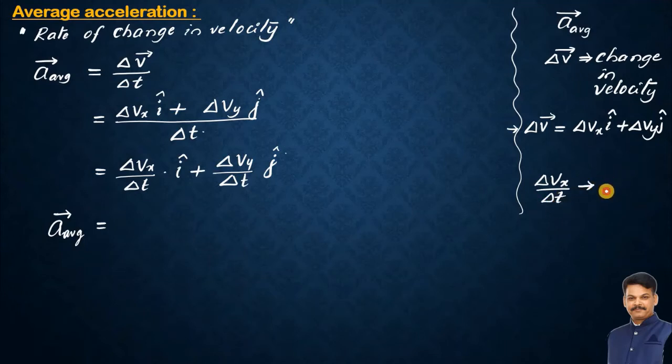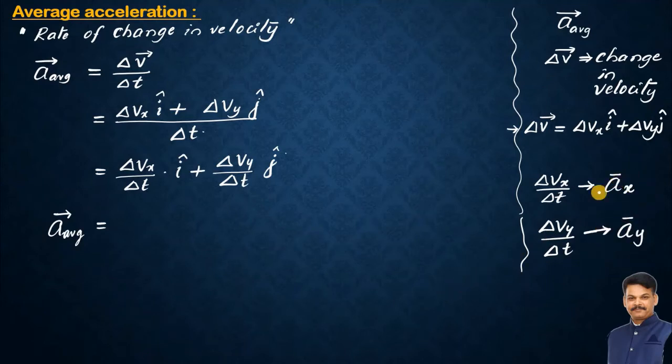So can I consider it as the average acceleration component along the x-axis? Similarly, the second term is delta vy divided by delta t, again the change in velocity with respect to time along the y-axis. So I can consider it as the average acceleration component along the y-axis.